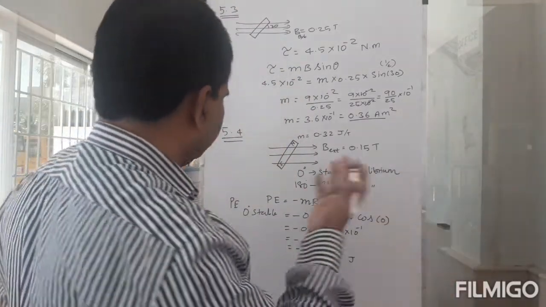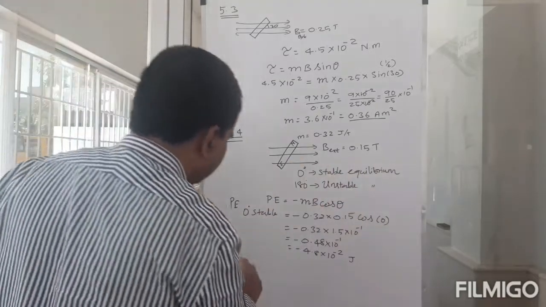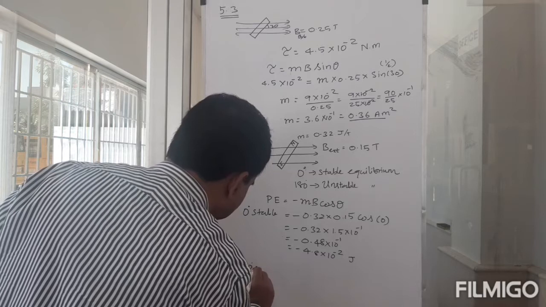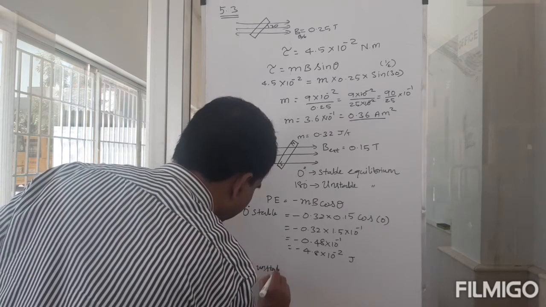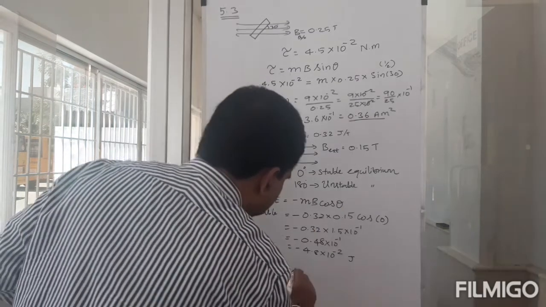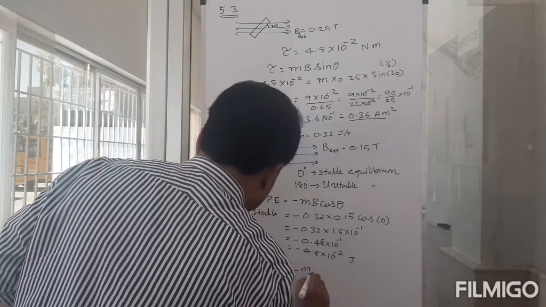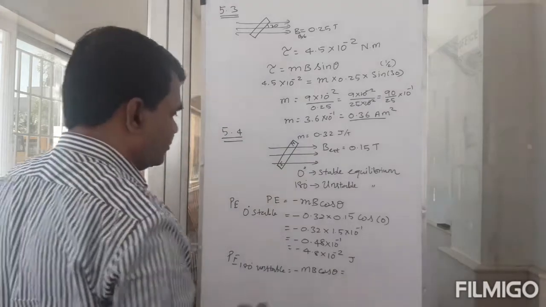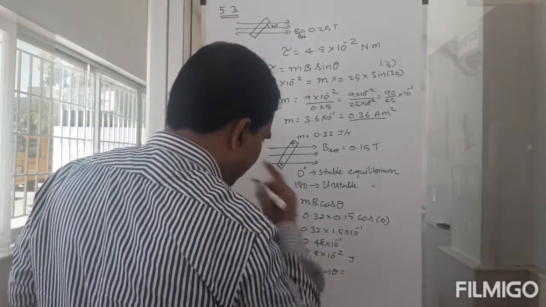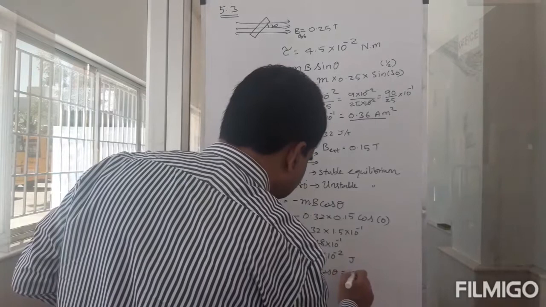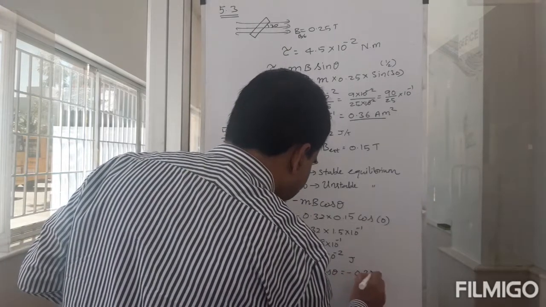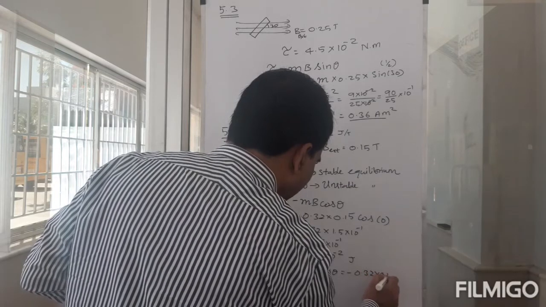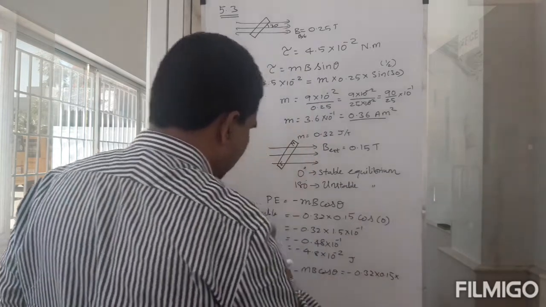And for unstable equilibrium, U at 180 degrees is equal to minus mB cos theta, so minus 0.32 into 0.15. Now it is cos 180.